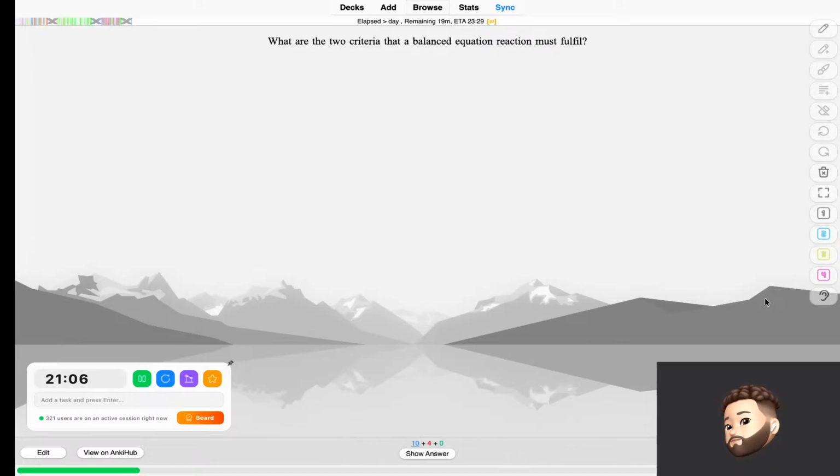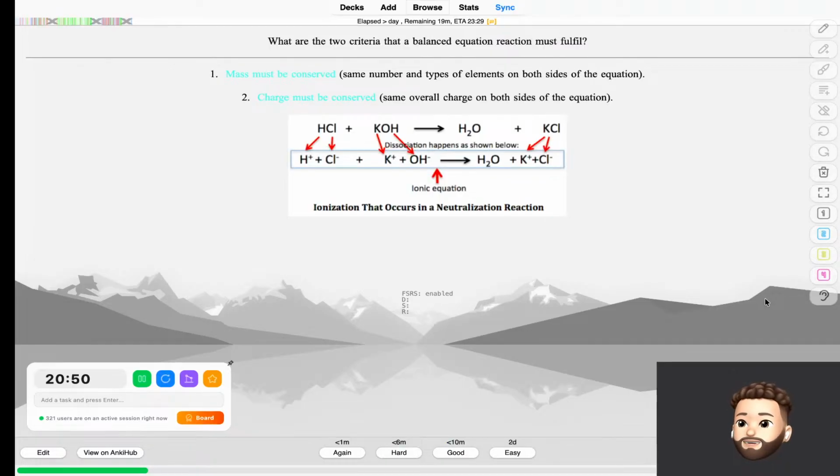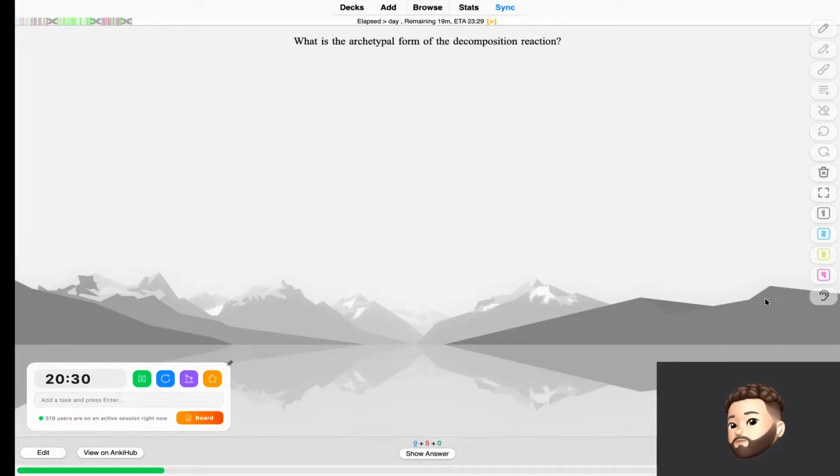Oops. What are two criteria that a balanced equation reaction must fill? Two criteria. It has to conserve charge and it has to conserve elements. Mass is what I meant to say. Is one thing getting broken down into two products?